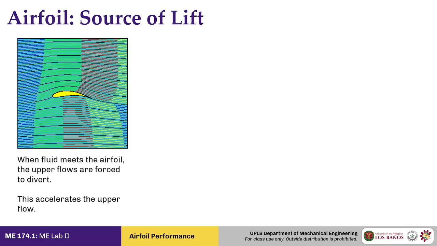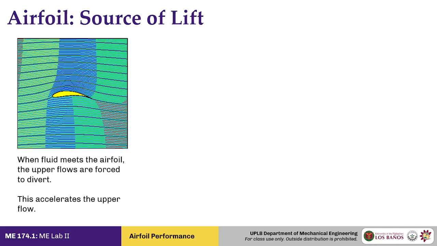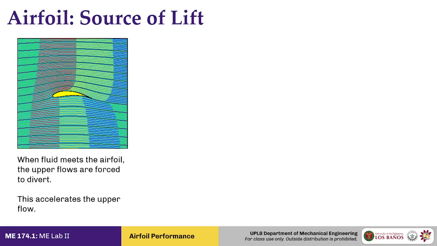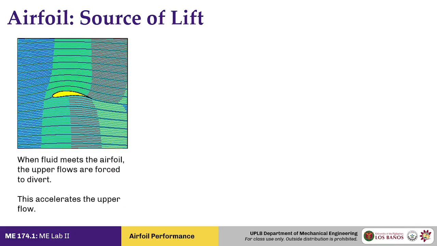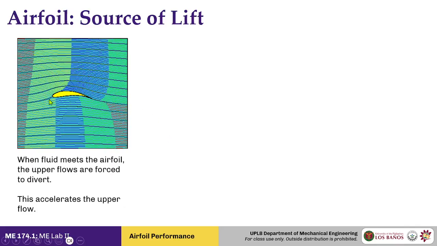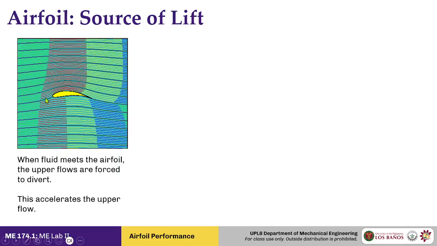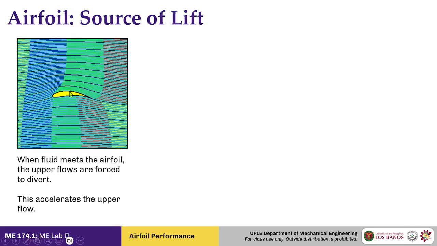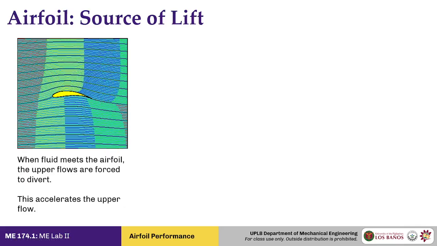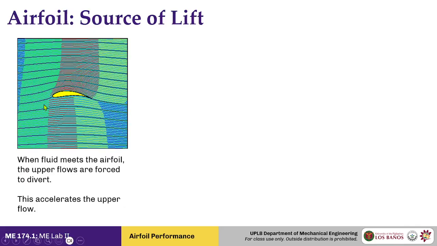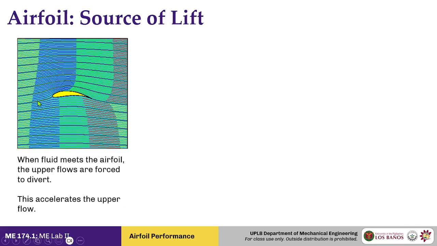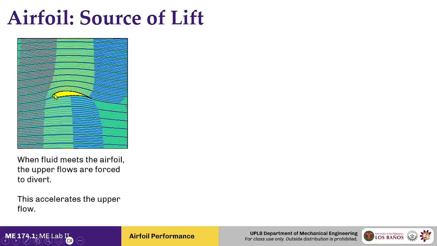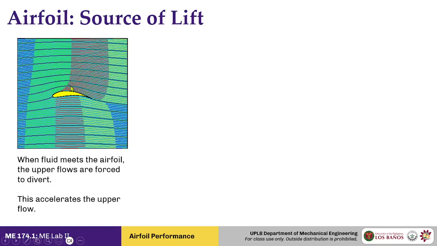Now, why does the flow accelerate at the upper surface? I believe at the upper surface the flow is forced to divert upwards at a more extreme turn.